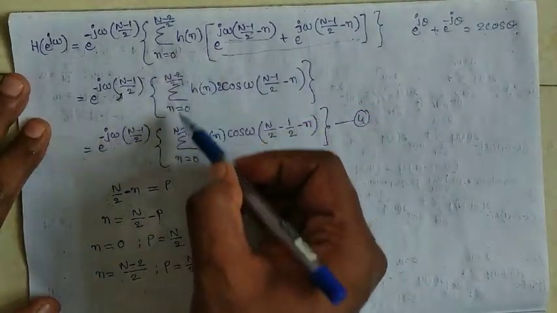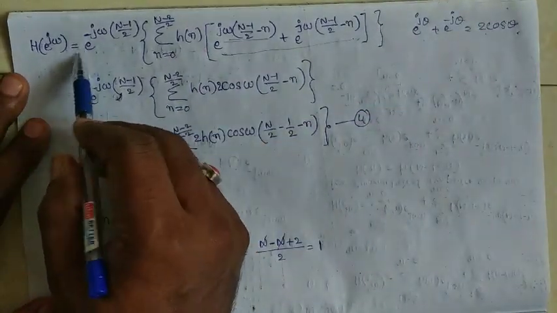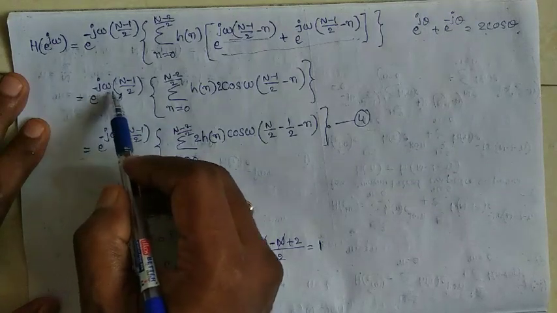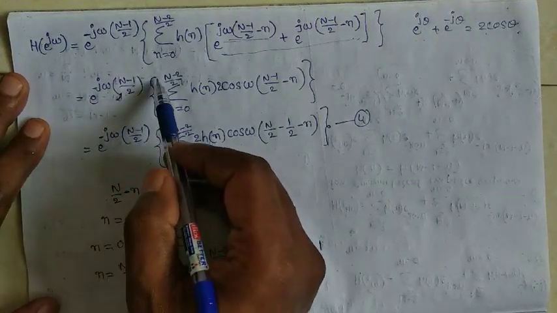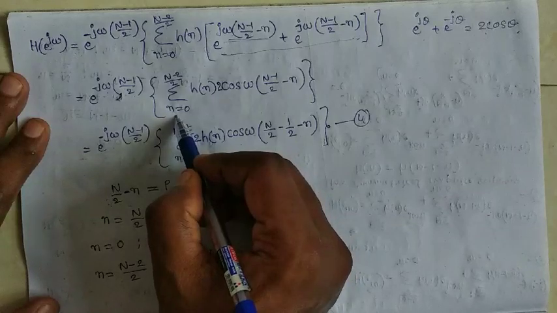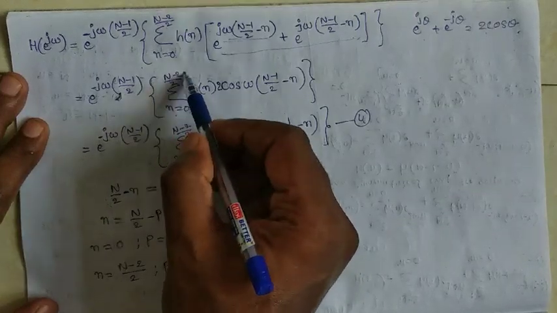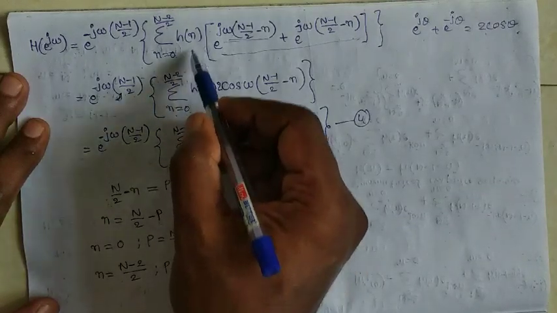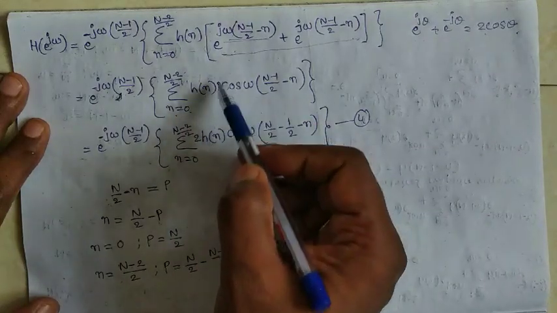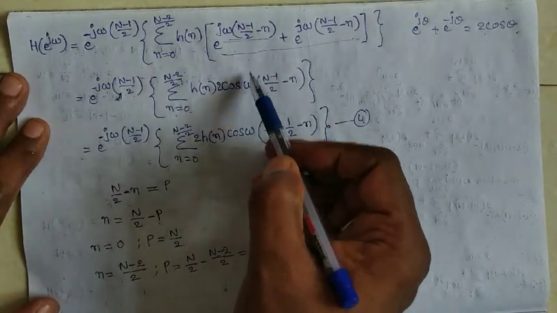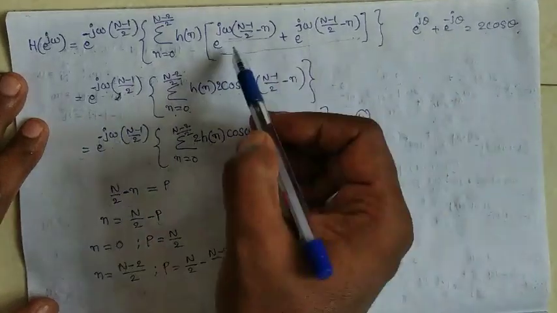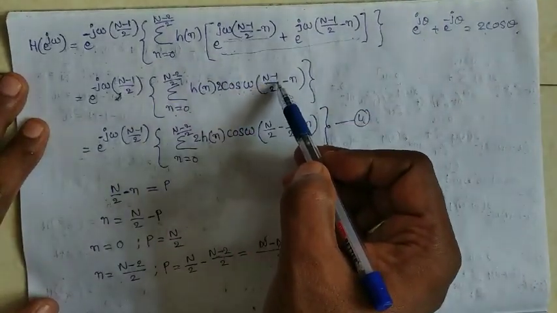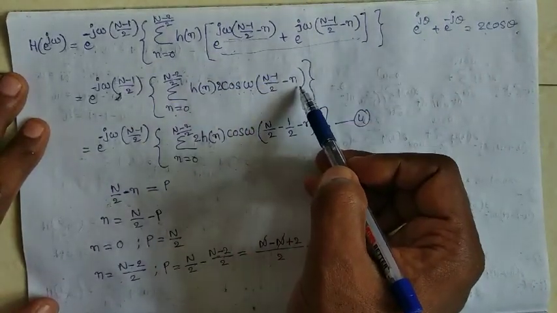Theta is equal to this one. Here h of e power j omega is equal to e power minus j omega of capital N minus 1 by 2 of summation n is equal to 0 to N minus 2 by 2 h of n into 2 cos theta. Theta value is omega of capital N minus 1 by 2 minus n.